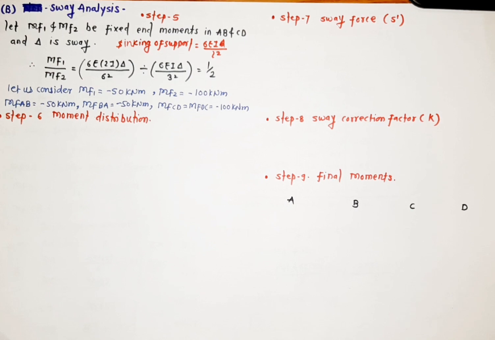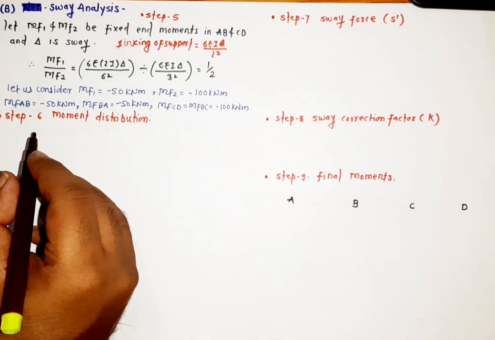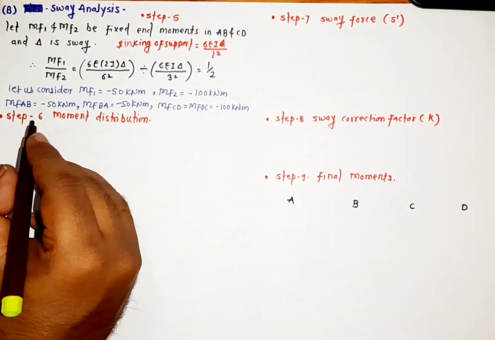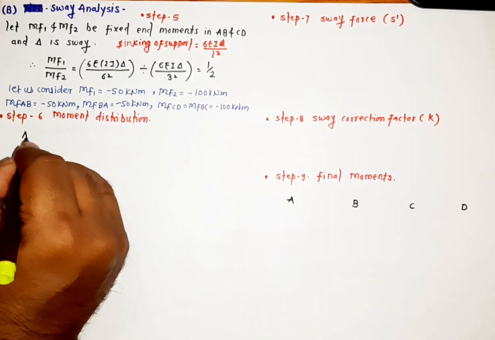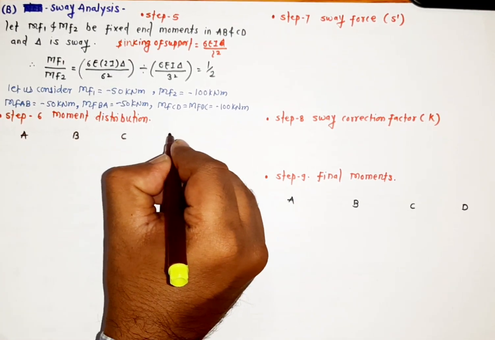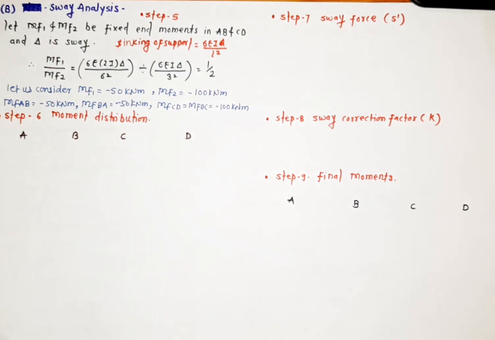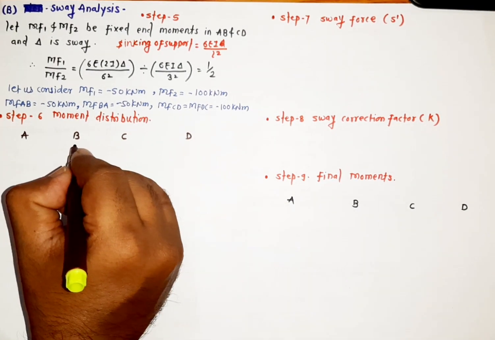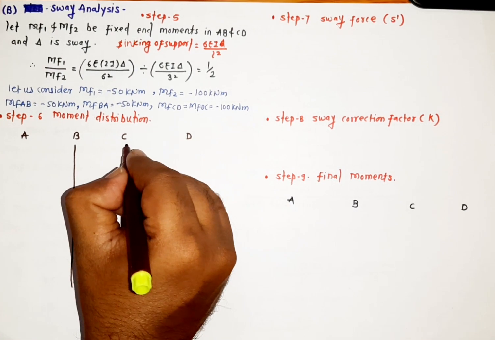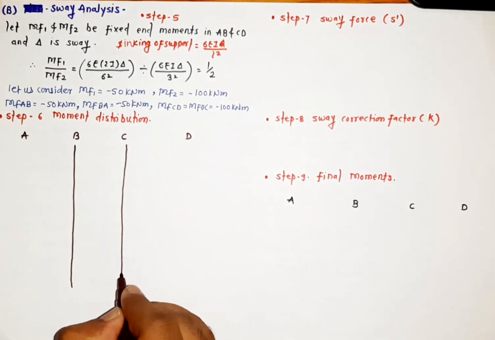Now we have to distribute the moments, which we already did in the non-sway analysis. Same way we have to do it, but we have to use these moment values for calculation. Let us consider the member. This is A, B, C and D. Here at B there is a joint, at C also there is a joint.